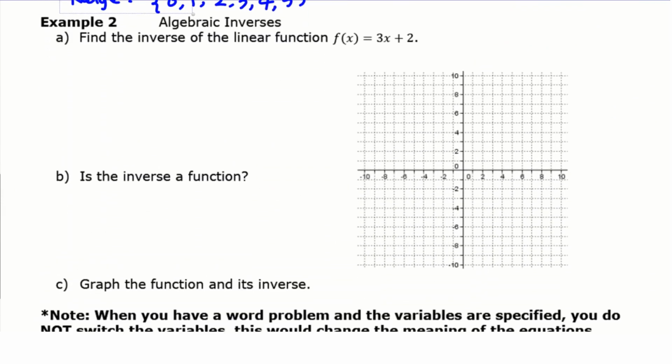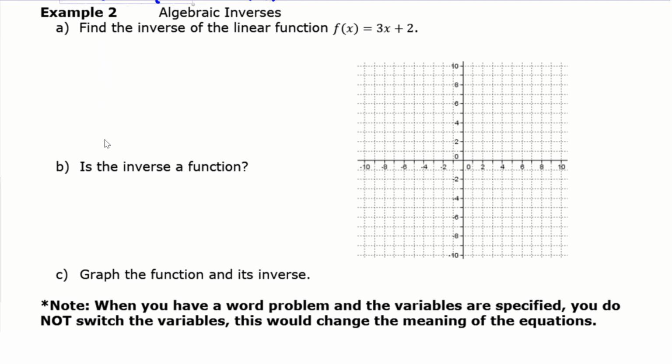The next example is to algebraically find the inverse. For this linear equation, f of x equals 3x plus 2, in order to switch x and y, we want to replace f of x with y.